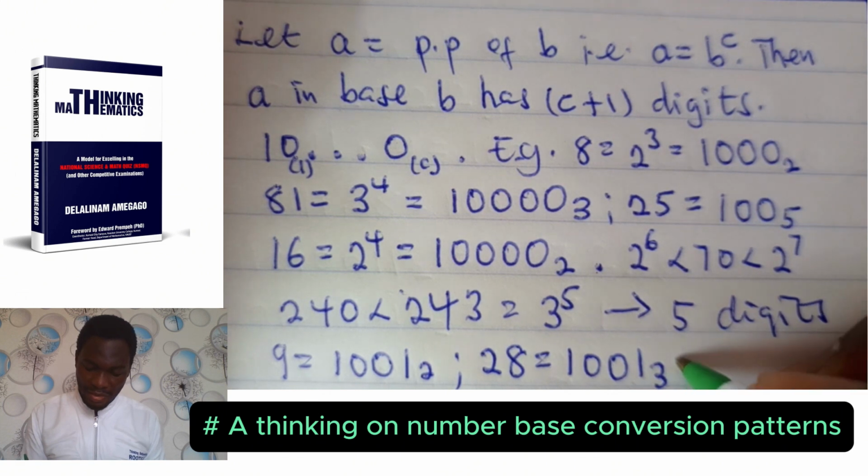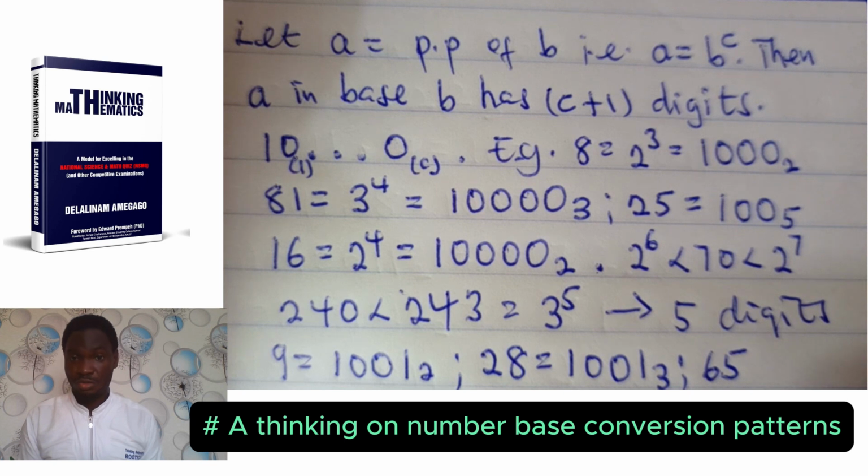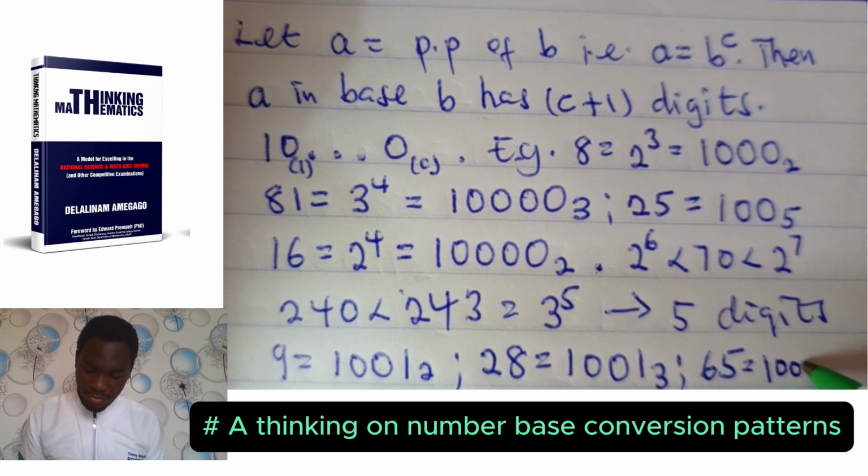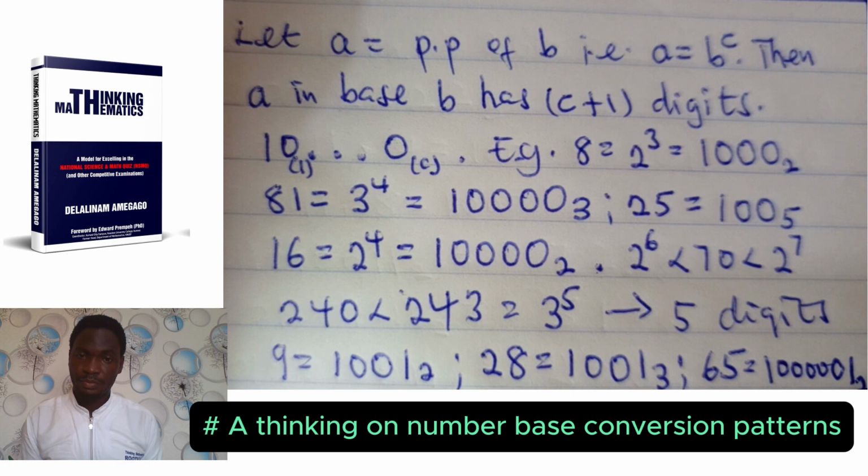We can write 65 in base 2. 65 is 1 more than 64. 64 is 1 followed by 6 zeros. And so 65 will be 1, then you have 5 zeros, 1, 2, 3, 4, 5, and then 1 in base 2. So it works very well if we know our powers.